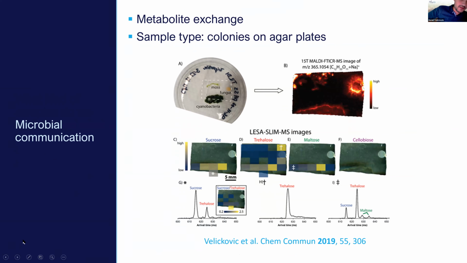I can tell you in general, it depends on the spatial resolution that we use and on the mass resolution that we use. For this particular example, it's usually about one second per pixel, so it depends on how many pixels you will have.